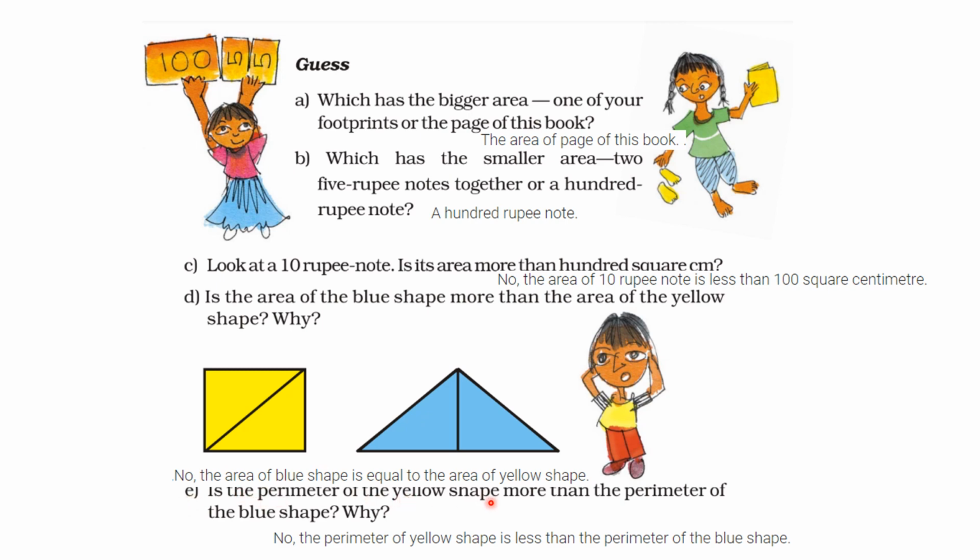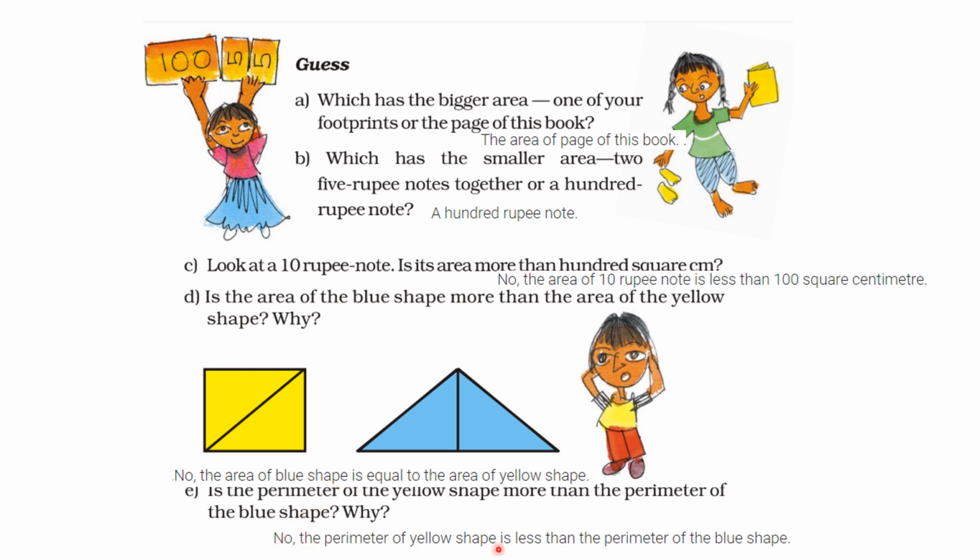E. Is the perimeter of the yellow shape more than the perimeter of the blue shape? Why? So perimeter means the length of the boundary of the figure. So children, you can prove this by taking either a thread or your ruler and measuring the sides of both the figures, and you can write this answer by yourself.